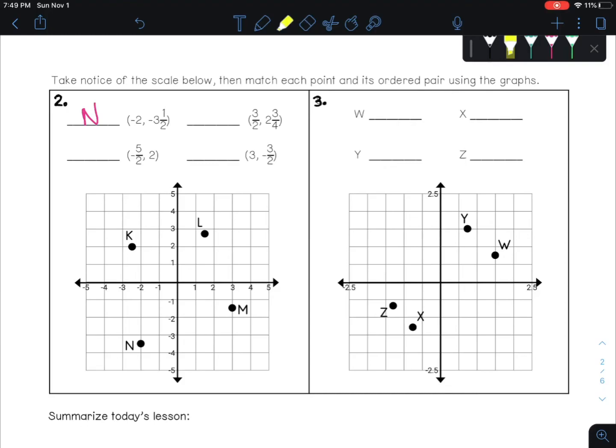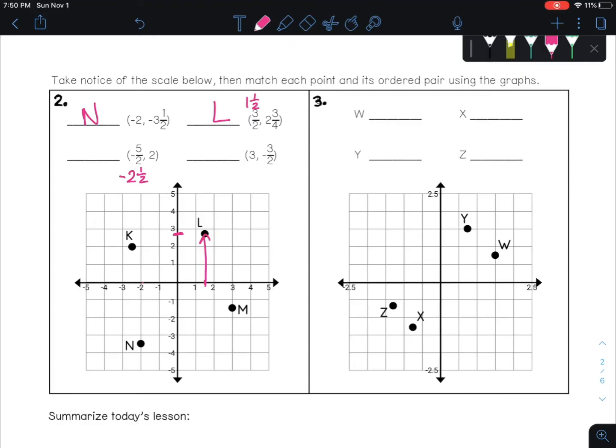Okay, so now we can do 3 over 2, which is just 1.5, and then 2 3/4. So we're going to go over to 1.5, so right between the 1 and the 2, and then up to 2 3/4. So just about to the 3. That's going to be point L. Negative 5/2 is actually just negative 2.5, and then 2.